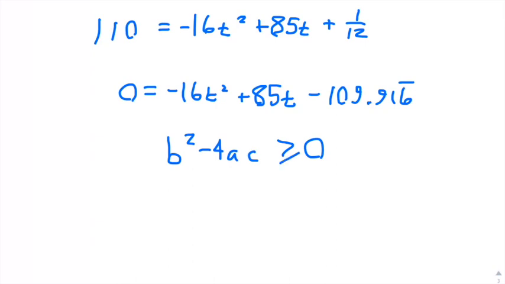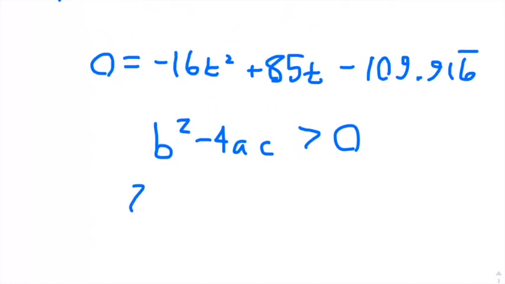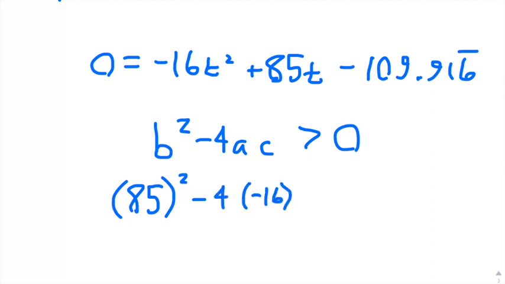Or even if it's equal to 0, then that means there's at least one solution. So let's try this out. This is 85 squared minus 4 times a, which is negative 16, and C here is negative 109. I'm just going to round that to 0.9 because that 0.16 probably isn't going to make that big of a difference. Maybe it will. Not sure.